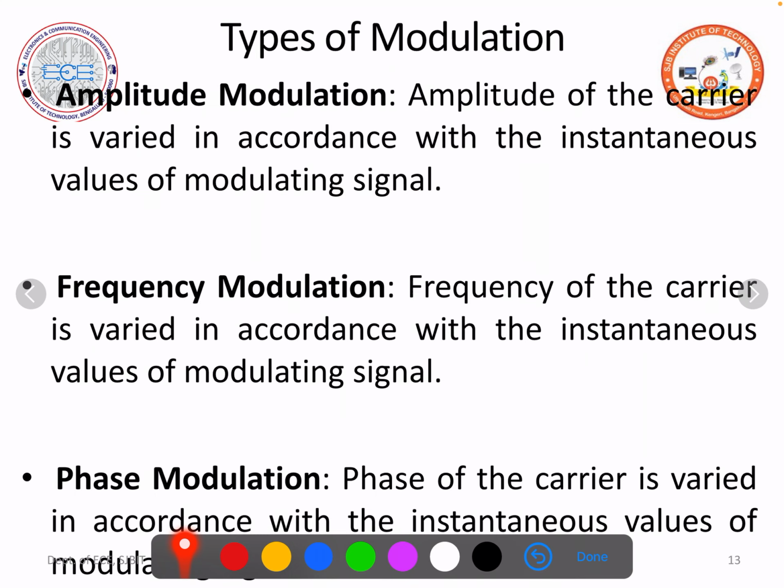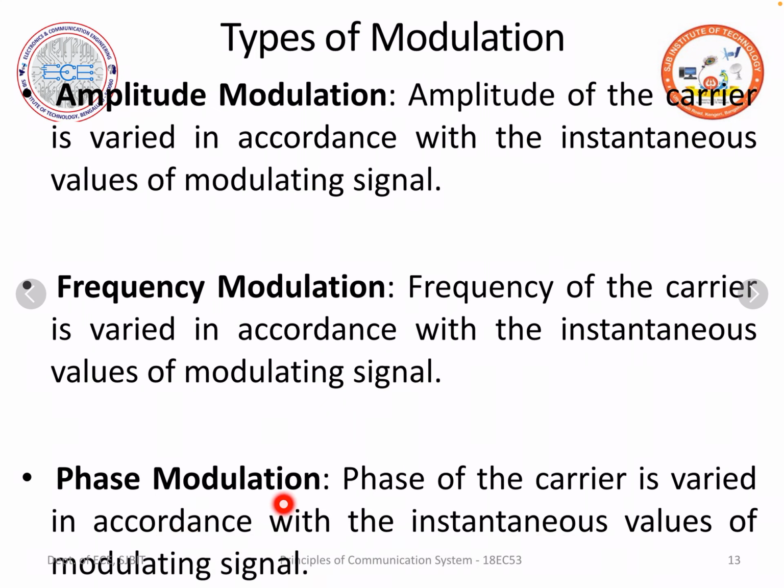The second type of modulation is frequency modulation. Here the frequency of the carrier is varied in accordance with the instantaneous values of the modulating signal. So here the only component which will be varied is frequency. Amplitude and phase will be kept constant. The third category is phase modulation.